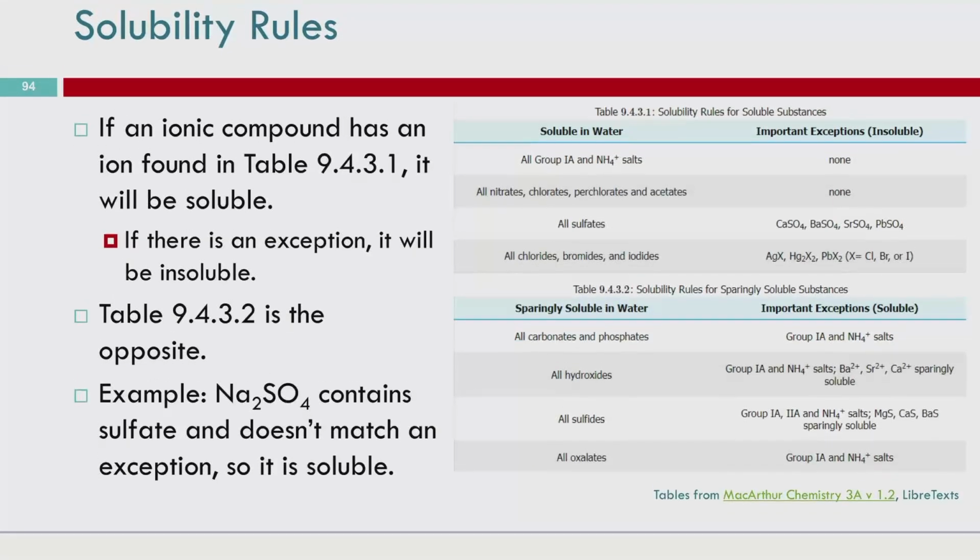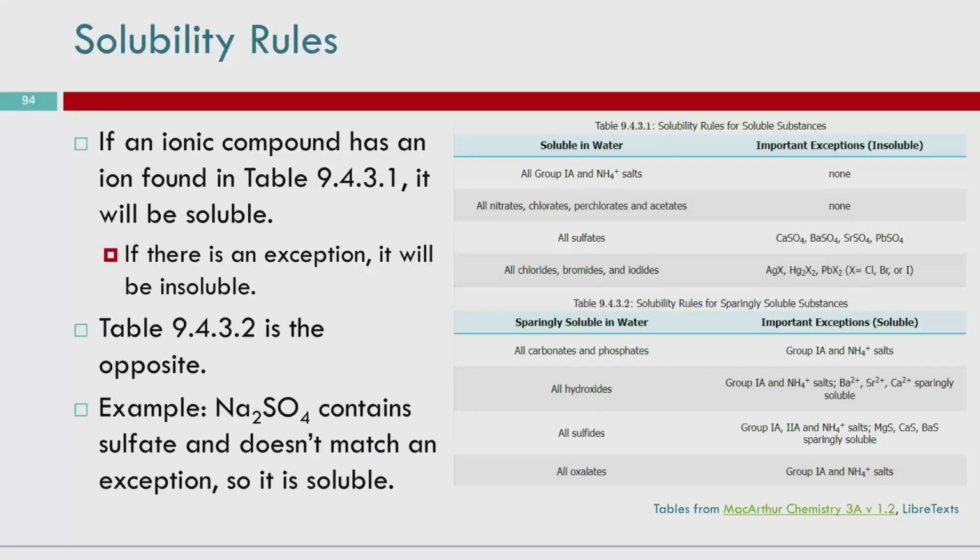So the way that we read a solubility table, this top section is things that are soluble. We're looking at the first column on the left first, things that are soluble in water, and we would be looking for anything that's in the compound that we have. If we find it here, that means that it will be soluble in water. We also have to check if there are exceptions, because there's often exceptions.